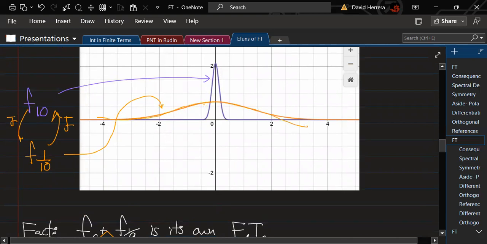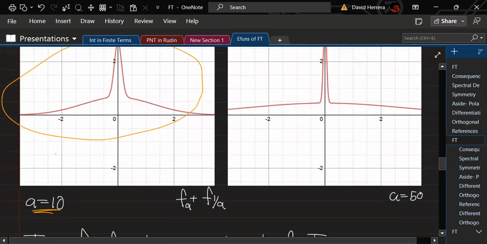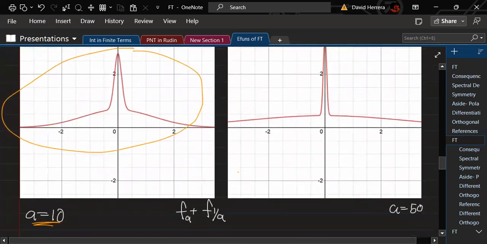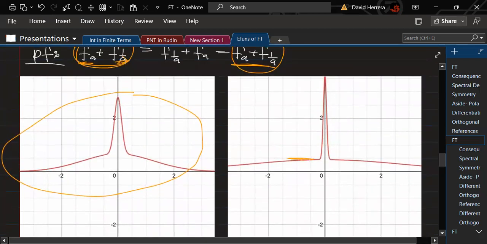As a picture of that, if I take this narrower one here and add a peak function here, the function that I have is this weird looking function. This is for a equals 10. For a equals 50, you get a flatter function, which is approximately some kind of flat value here. Almost, it is still going to 0.